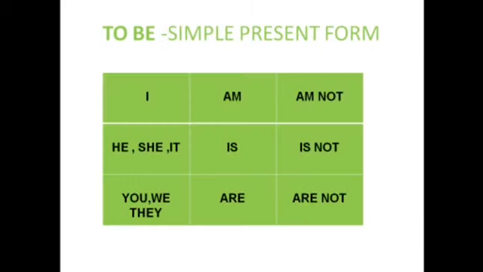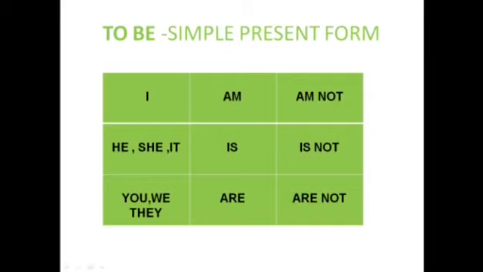Now let's look at the table to understand the simple present forms of the verb to be. When you talk about the first person I, you should use am in case of a positive sentence and am not in case of a negative sentence.